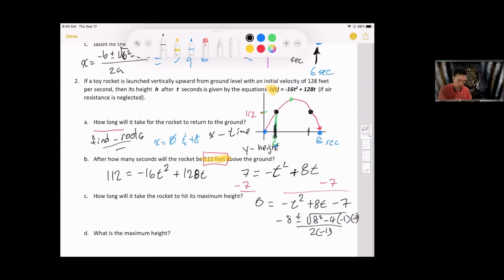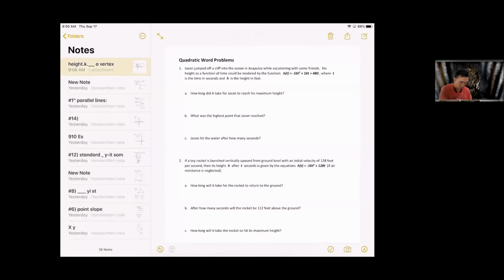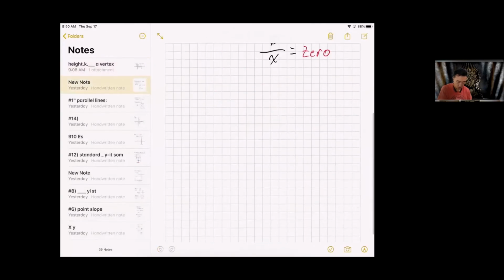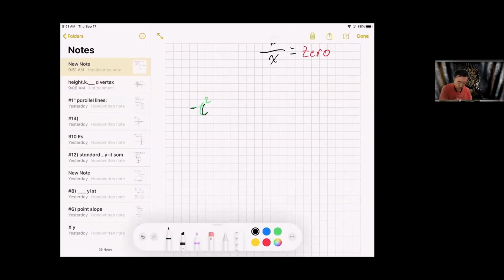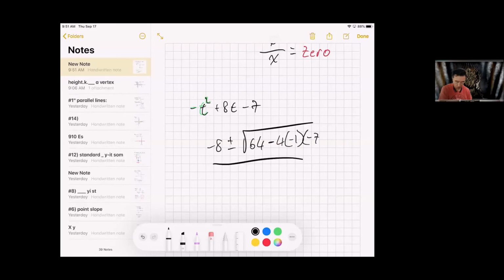So let me do that on a separate sheet of paper because I'm tired of going back and forth on that. So what was it? Negative t squared plus 8t minus 7. So negative 8 plus or minus the square root of 64 minus 4 times negative 1 times negative 7, all over 2 times negative 1.